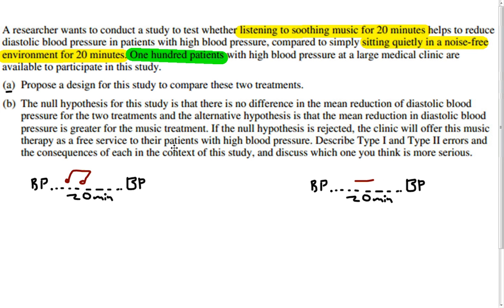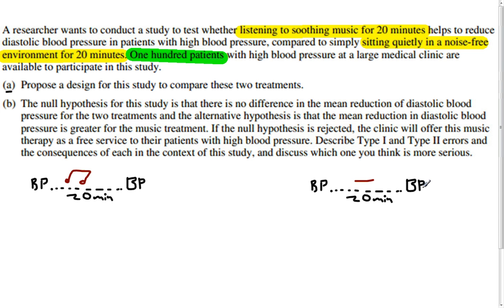And if we did this, we could do this for all 100 people on totally different days, and in order to add some randomness in, you might flip a coin as to which one they're going to do on the first day and which one they're going to do on the second day. So some of your patients would on the first day listen to music, and then on the second day have silence between their tests, and then it would be the opposite for other patients in order to ensure that putting one of them first doesn't affect the results.